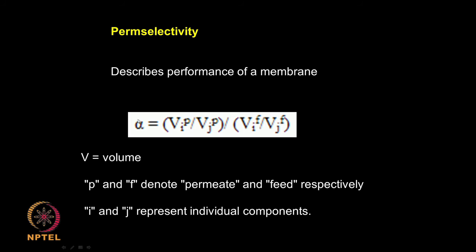So, this tells you what is the permselectivity, that means what is the selectivity for species I with respect to species J, that is what this particular equation tells you actually, correct. So, for a given feed composition of I, the permeate is Yi, for a given feed composition of J, the permeate is Yj. So, that ratio is what is called alpha, the permselectivity.